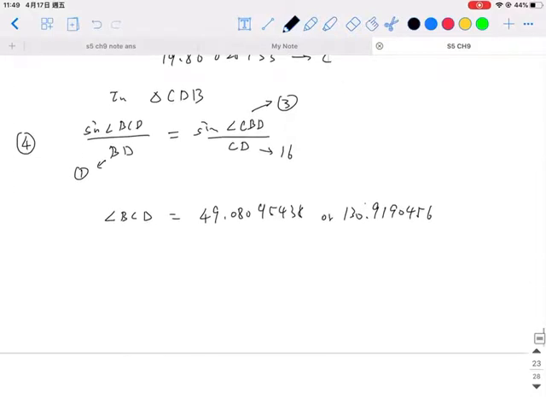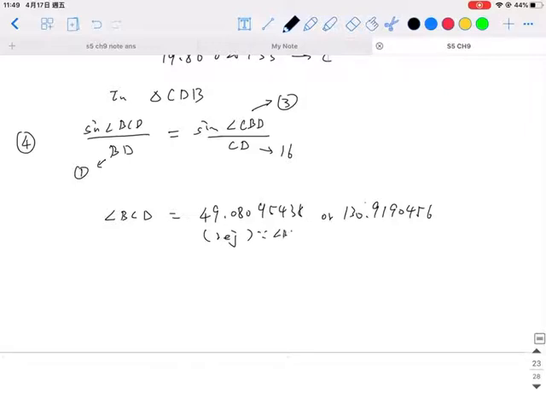So this time we need to reject this one because angle BCD is greater than 90 degrees. So the answer is here. So I save it in part C. And you need to write down the conclusion: so angle BCD is equal to 131 degrees, correct to 3 significant figures.